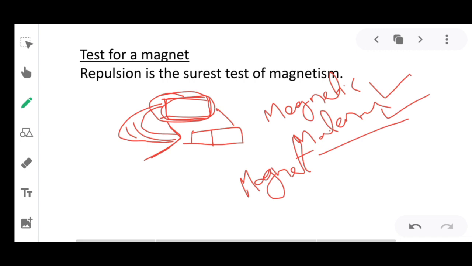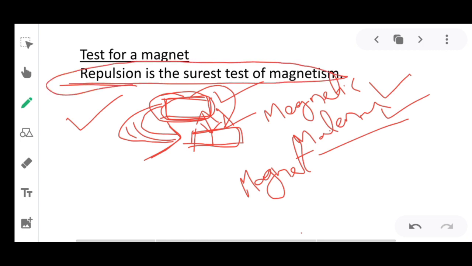If this material and this magnet repel each other, then we can say it is a magnet. But if the material is attracted by the magnet, then it can be a magnet or a magnetic material. That's why repulsion is the surest test of magnetism.